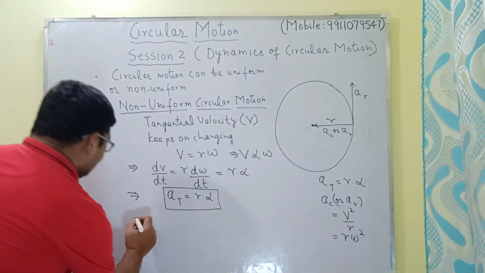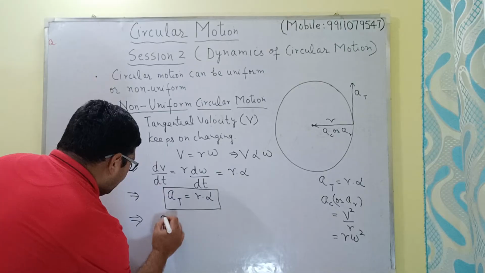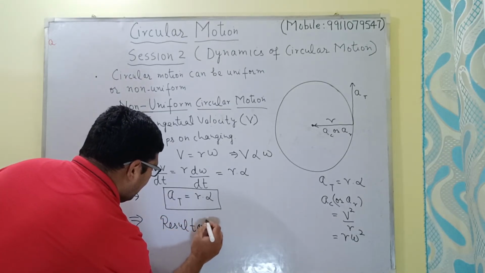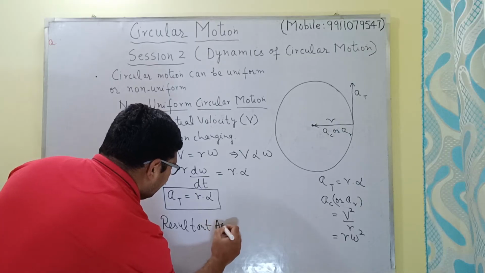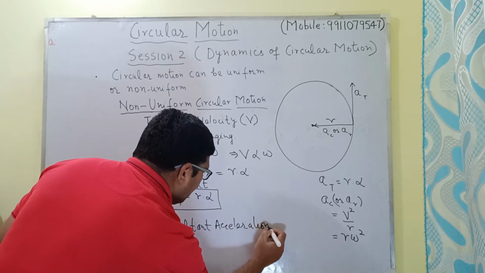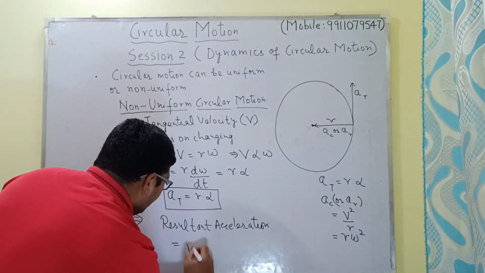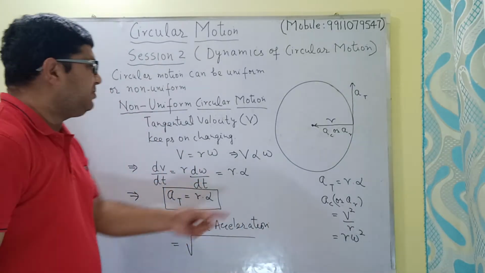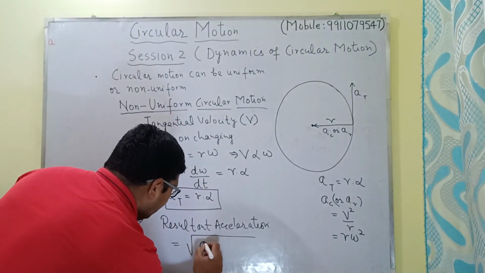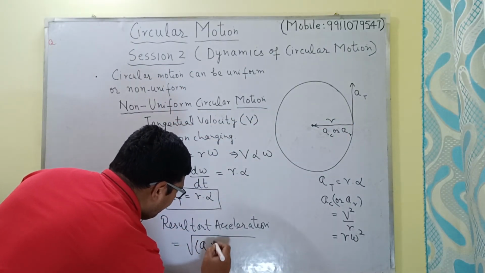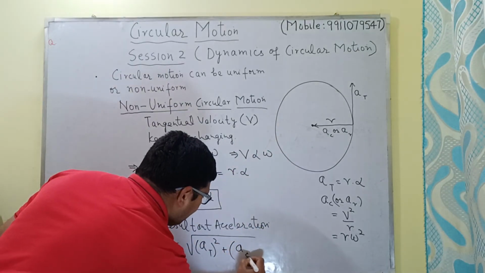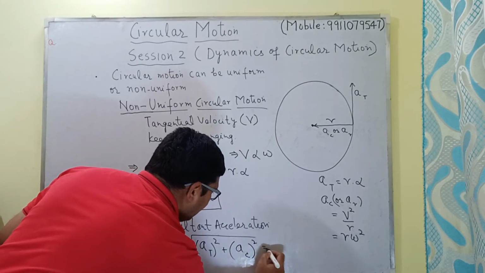So in this case, the resultant acceleration will be equal to under root of AT square plus AC or AR whole square.